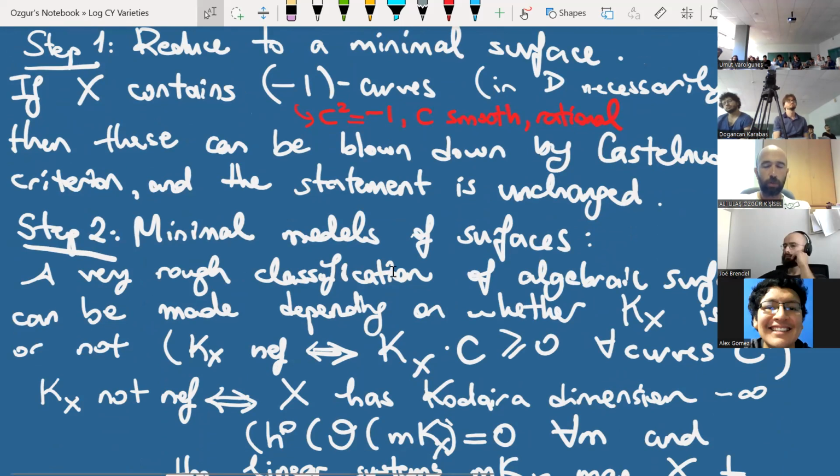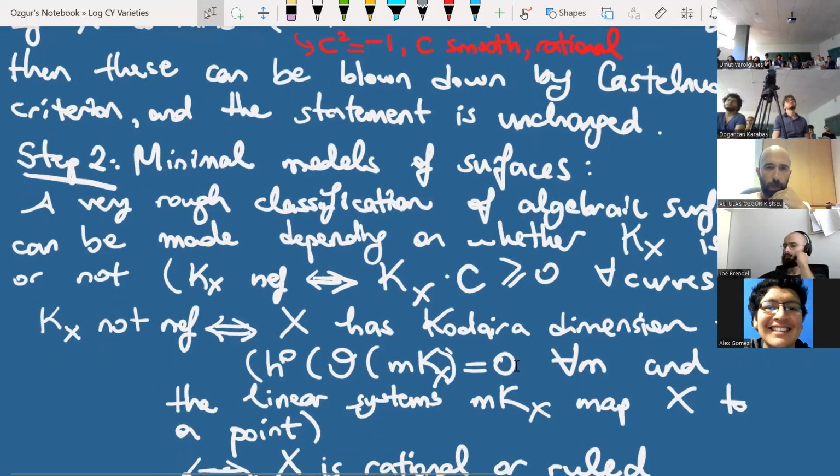So let's remember, K_X is nef means it meets non-negatively with all irreducible subvarieties. In this case, for surfaces, we should look at intersections with curves. So K_X is nef if and only if K_X times C is greater than or equal to 0 for all curves.